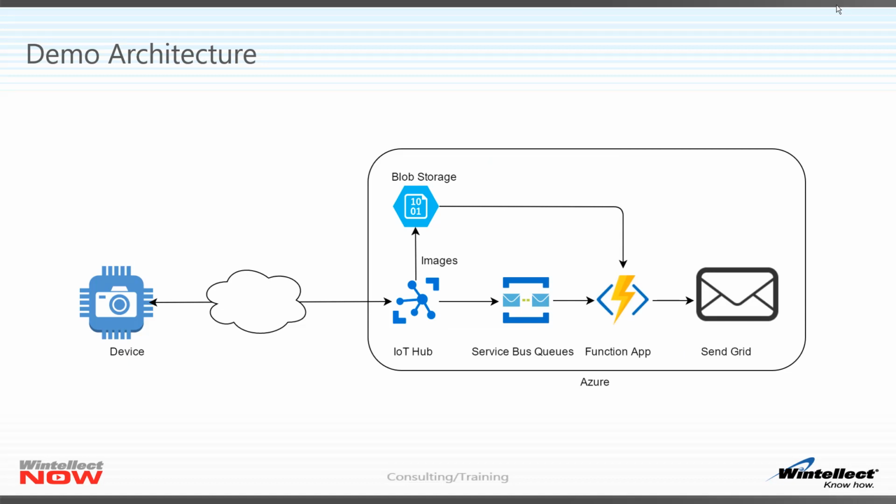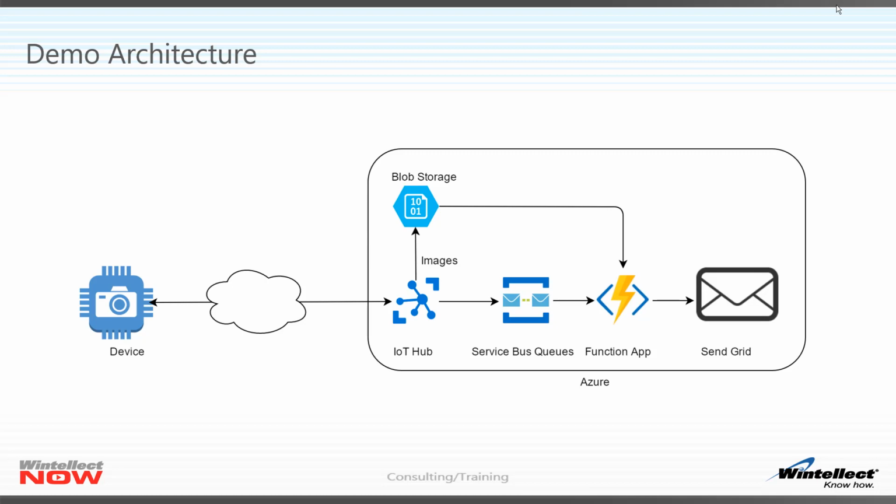So you saw it, the device captured an image, and then it sent that image through IoT Hub up to the storage. It would do that for every image it captured until it exhausted that queue of images. Then after it uploaded all the images, it sent a message to the IoT Hub, and that got relayed onto the service bus.